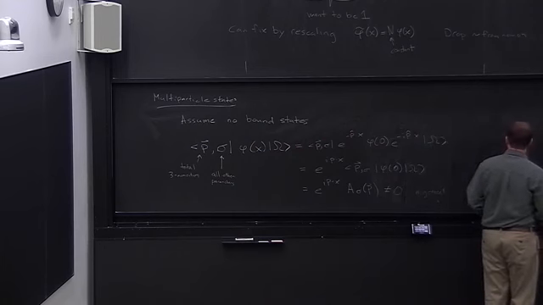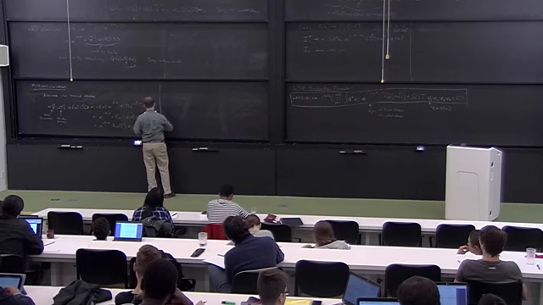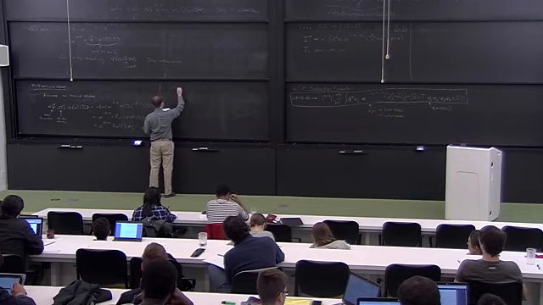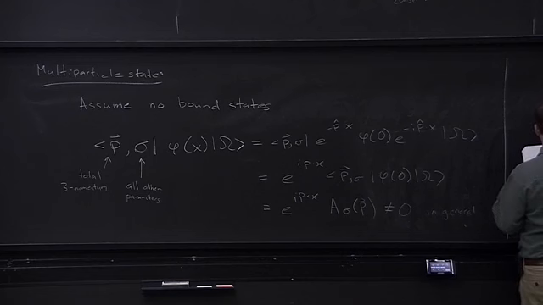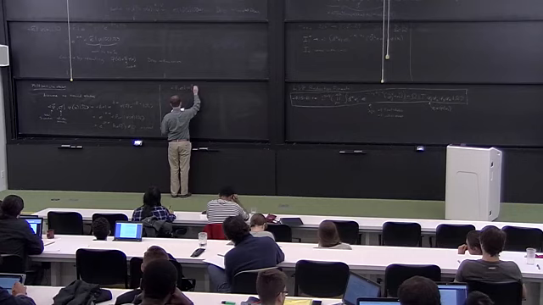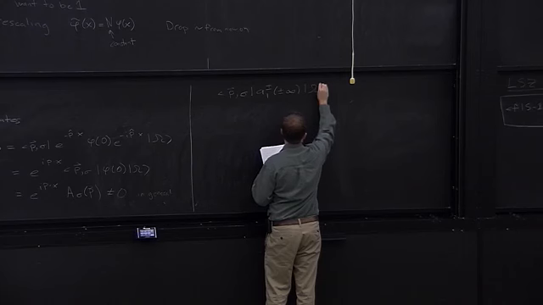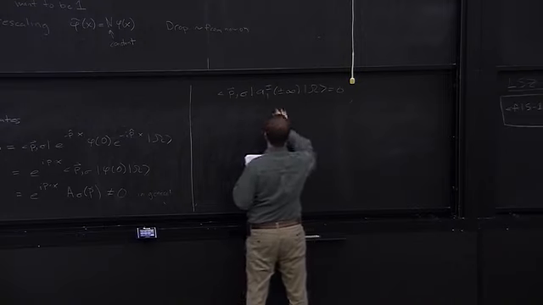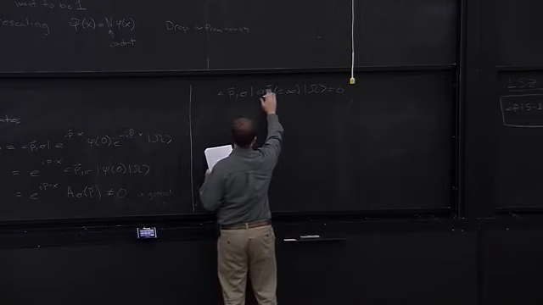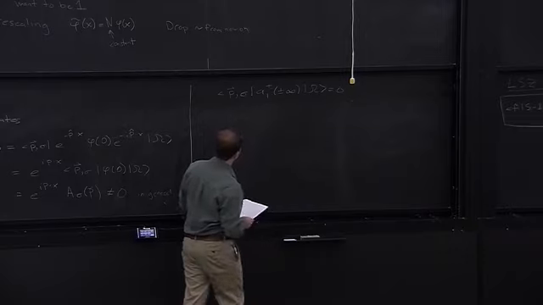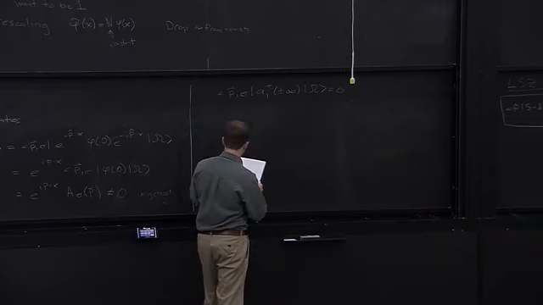And so maybe a better thing to ask is whether this amplitude is 0. This is a one-particle state in the far past or far future. Turns out this is a little bit too strong as well.